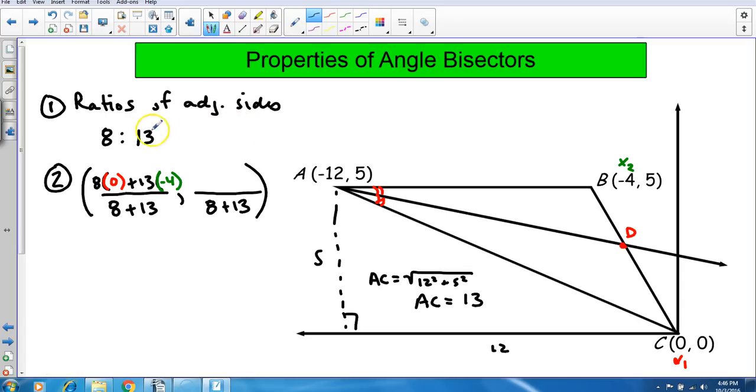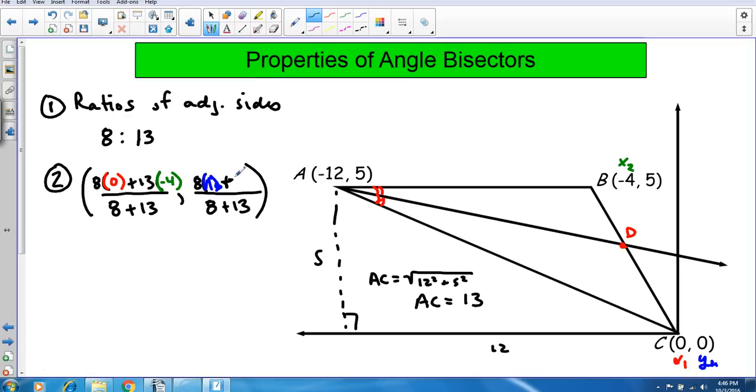The second piece is the y's, so we're going to go through the same process. 8 times the y1. Sorry, this thing's getting a little screwed up here.